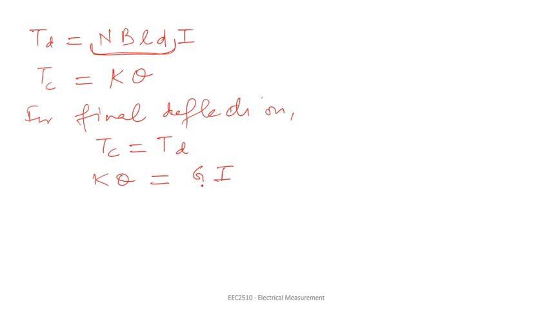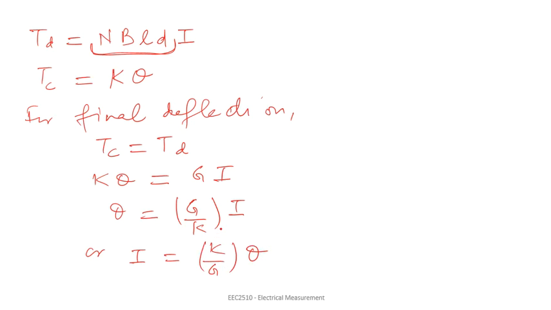Okay, so this will be G I, or theta will be equal to G by K times I. Or if you want to express current in terms of deflection, you can represent it in this form.